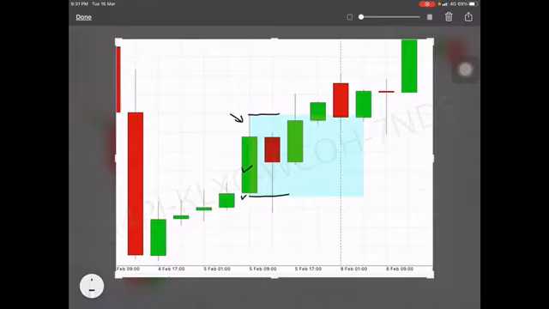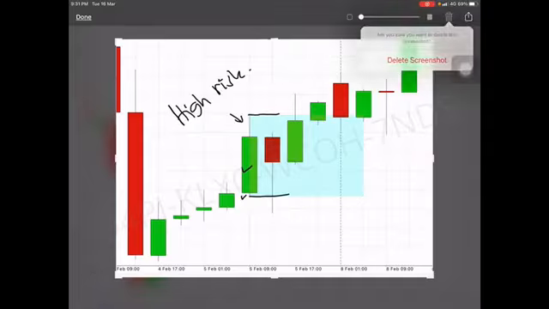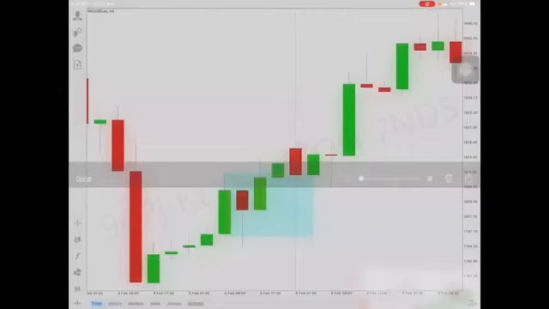That's why this is called high risk. High risk means that zone is most likely to be broken. It's not a strong zone. Do you have any questions on this one? No question. Okay, I'm going to show you some more high risk ones.